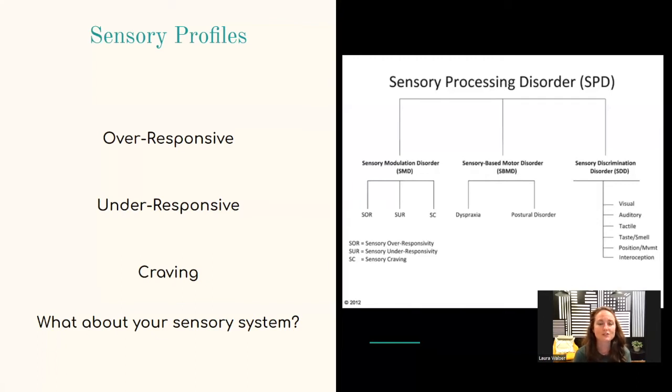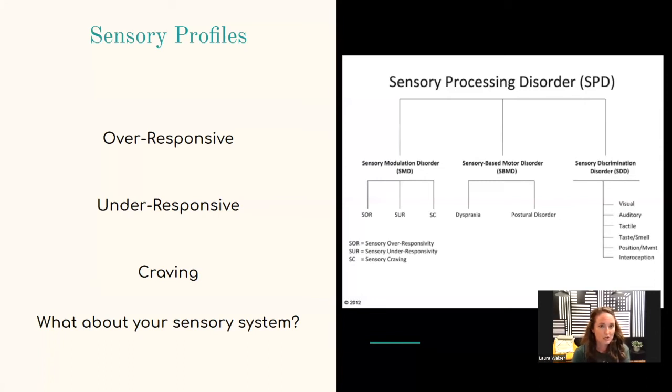People hear sensory and they think weighted blankets and tags in clothes, but it's so much more than that. I think it's important that we appreciate and respect the complexity of the sensory system, because we can actually do children and people in general a huge disservice when we oversimplify it.